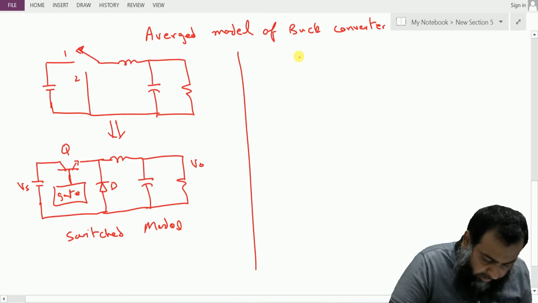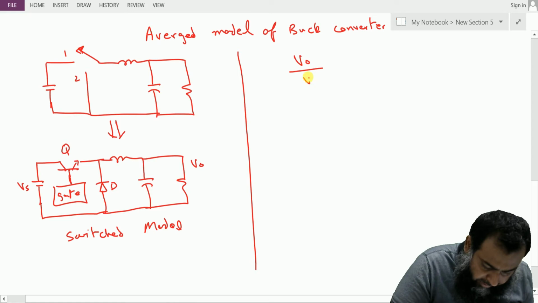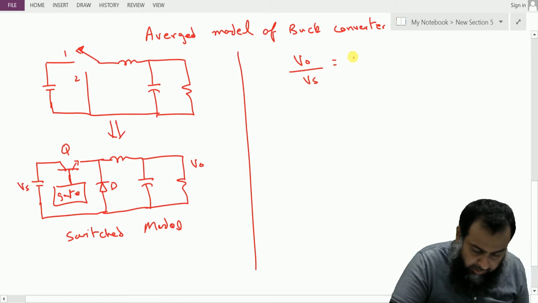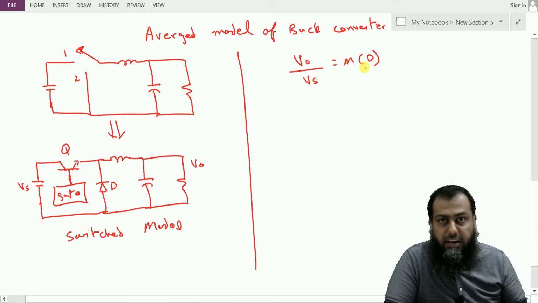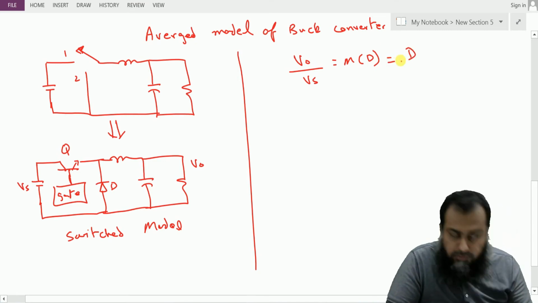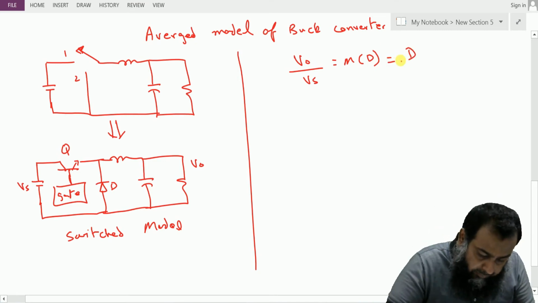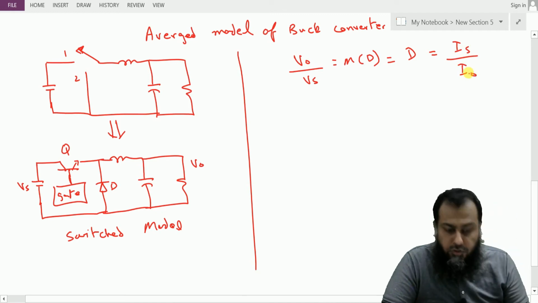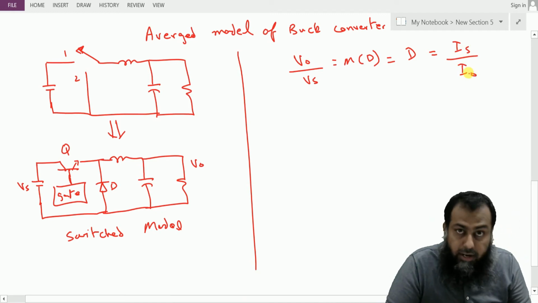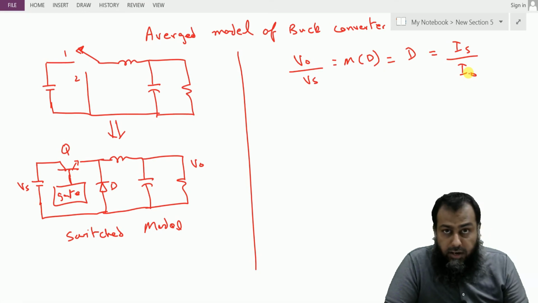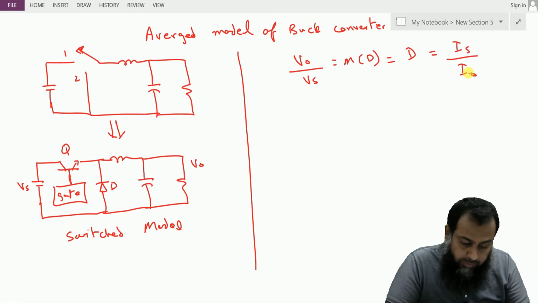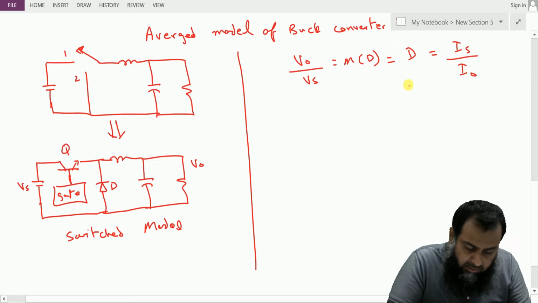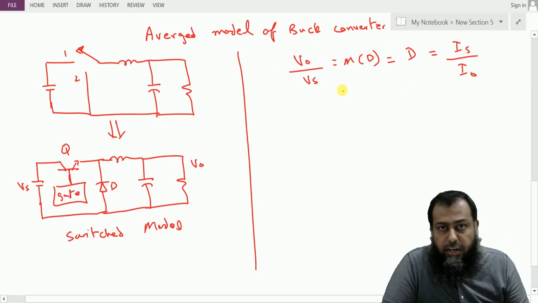Now if you notice, this V0 over Vs, that is the voltage gain ratio, is equal to D, which means that if we have a lossless buck converter, then this is equal to Is over I0. So I can develop a very classical kind of approach, that this is certainly similar to the concept of the transformer.